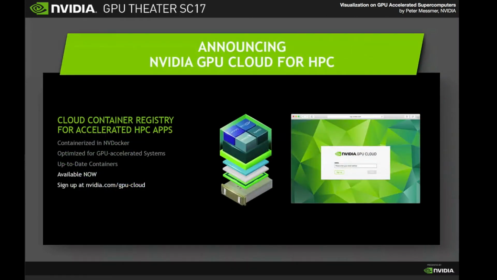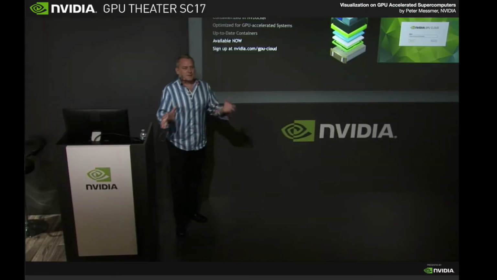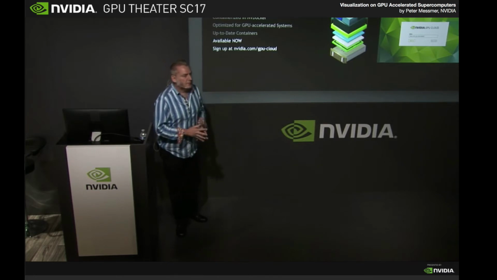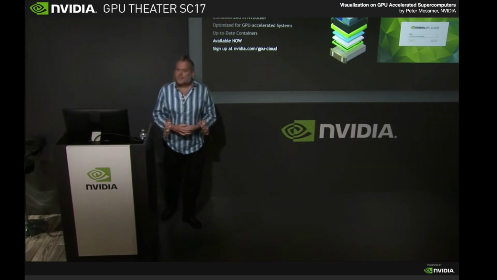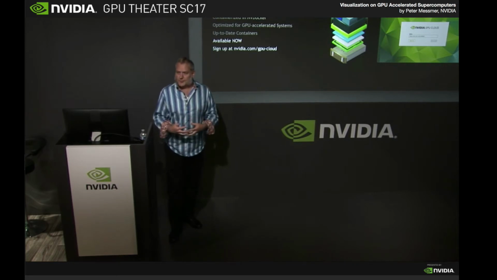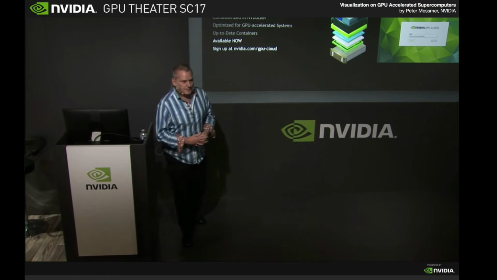The way that we are dealing with that is that we announced the NVIDIA GPU Cloud for HPC, which, at this time, is pretty much a registry. It's a service that you can create an account on that contains a collection of containers that you can pull down to your system and run on your particular HPC system.